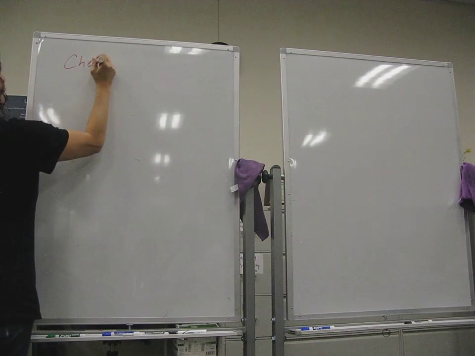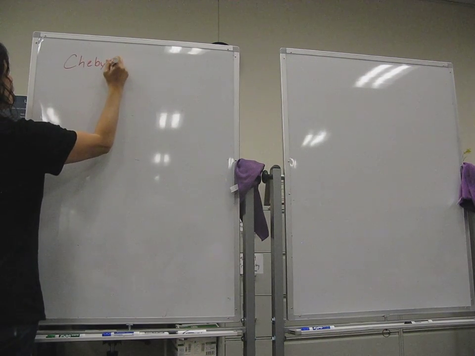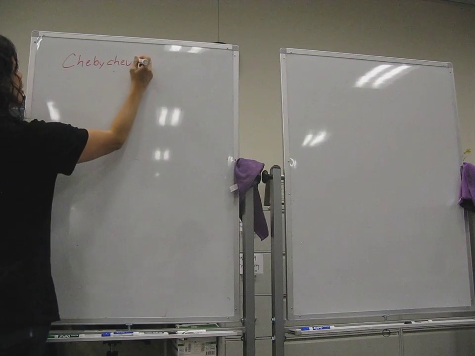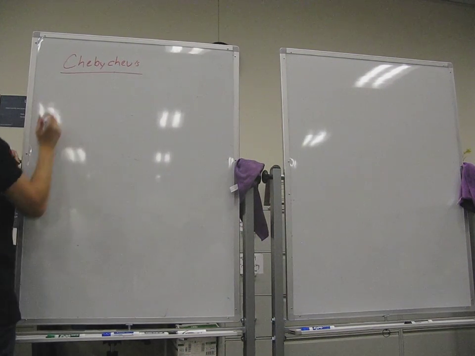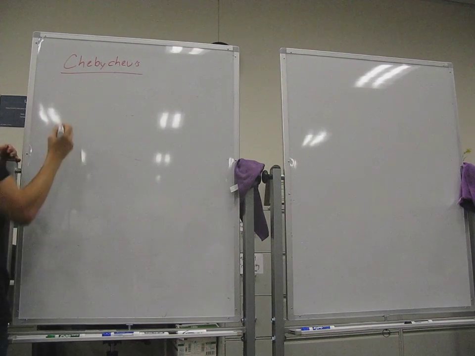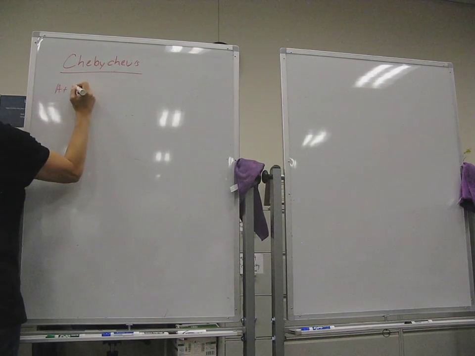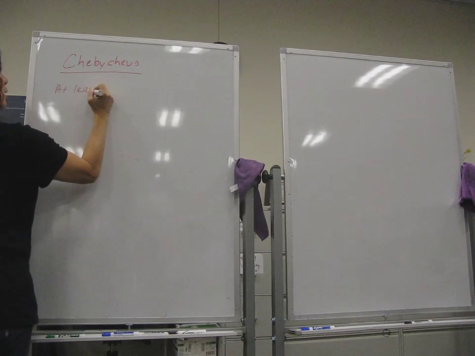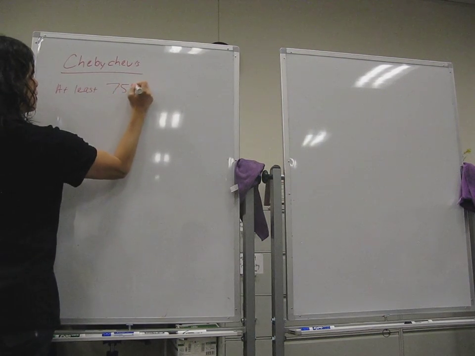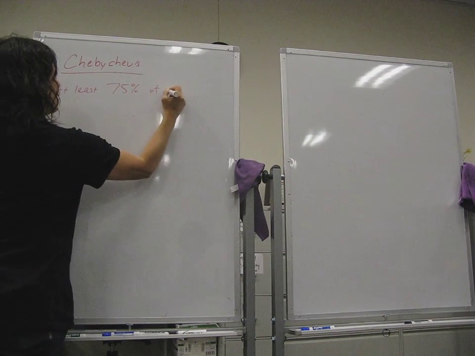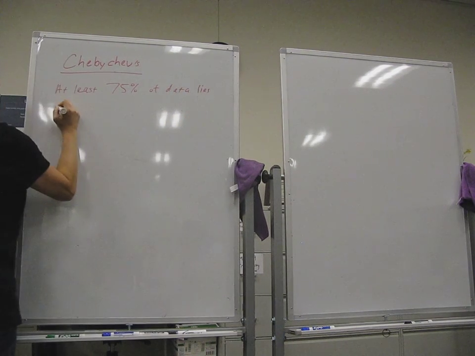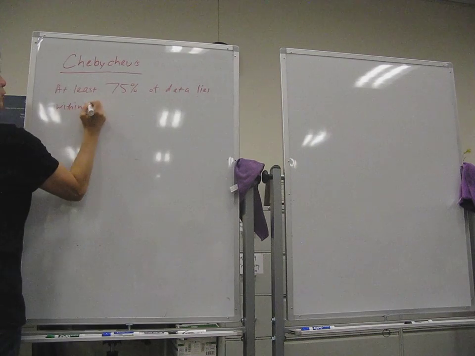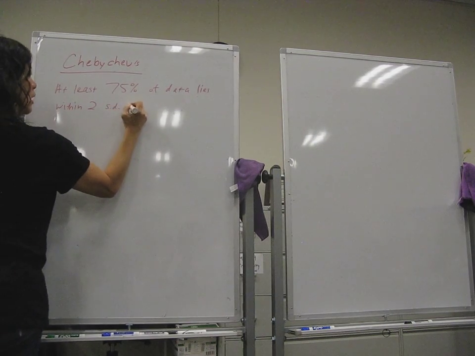Chebyshev's says that at least 75% of data lies within 2 standard deviations of the mean.